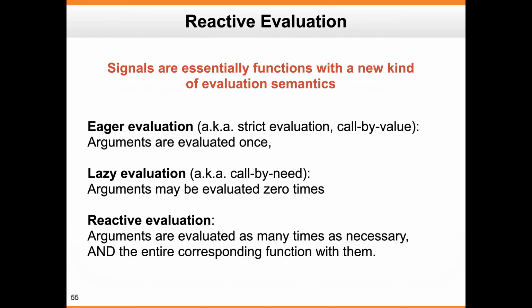And you can think of reactive evaluation in terms of arguments being evaluated as often as necessary, and then the entire corresponding function is also evaluated with them. Think about functions that automatically execute. When I have new values for the inputs, I don't need to recall the function to get a new result. The function evaluates itself, it's self-evaluating every time input changes.